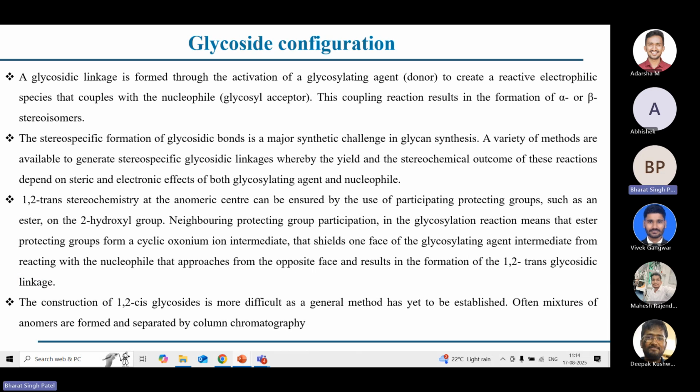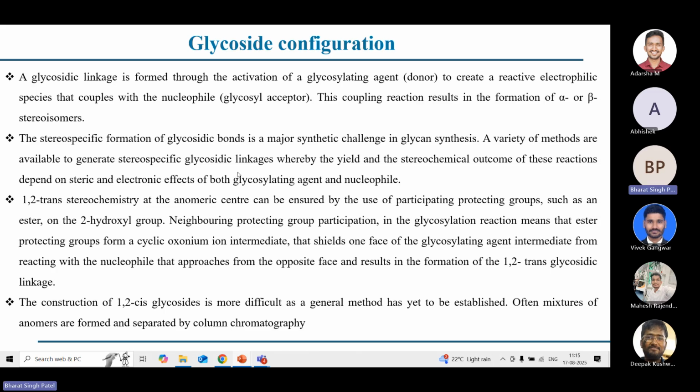In the normal glycosylation, there will be one glycosyl donor and the other one will be the glycosyl acceptor. In the presence of a glycosylating promoter, the glycosyl donor will form an electrophile, the oxocarbenium. Then, coupled with the nucleophile, that will lead to the alpha or the beta stereoisomers.